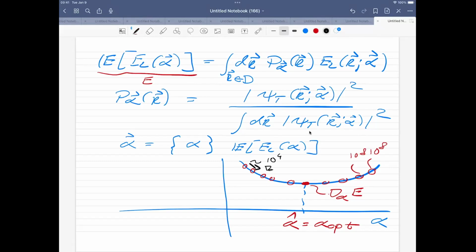So I get a delta alpha, and then I may find a new point, and then I do another 10 to the 4. And if I'm lucky, my gradient is actually equal to 0 at this point. This is ideally what we want to have, or something which is close to 0 after a given number of iterations.